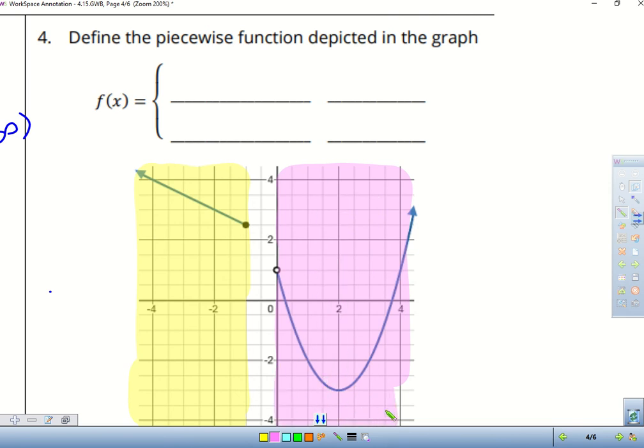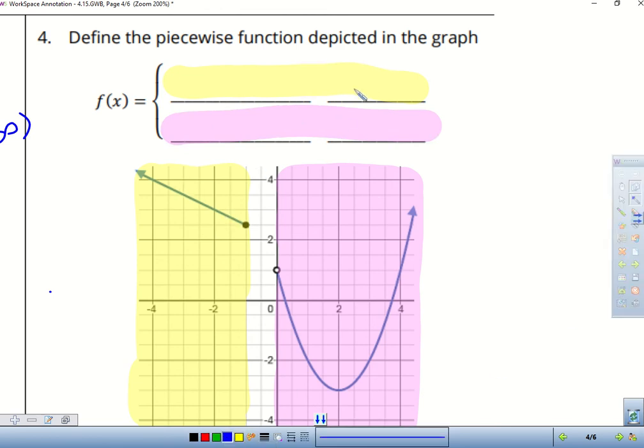So we know we're going to have some form of discontinuity, right? So I like to do the boundaries first. Oops, that's not what I meant to do. Hang on. Undo. I want the highlighter. There it is. This is going to be the graph that goes with the yellow. And this one is going to go with the pink, just so you can kind of color code and see what I'm doing there.